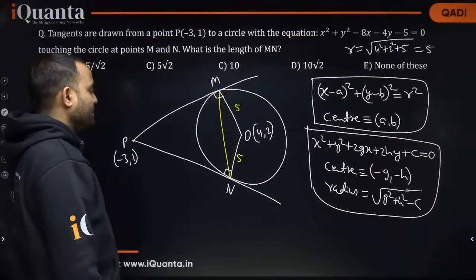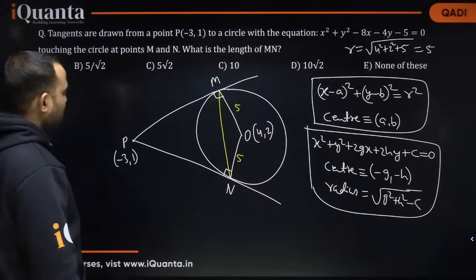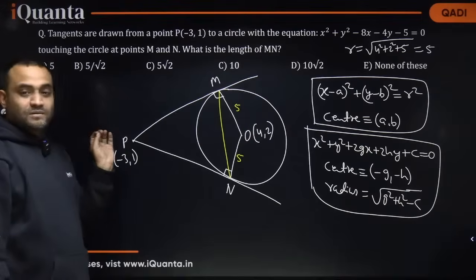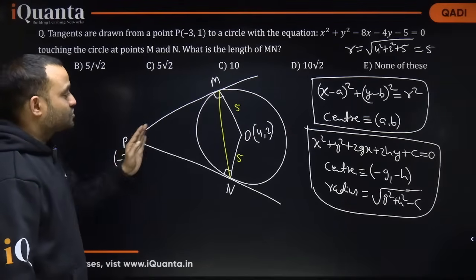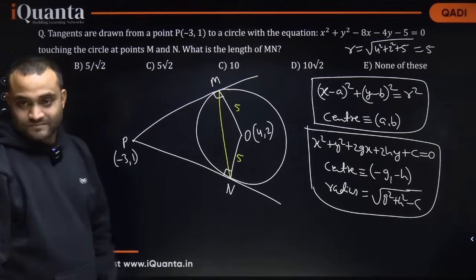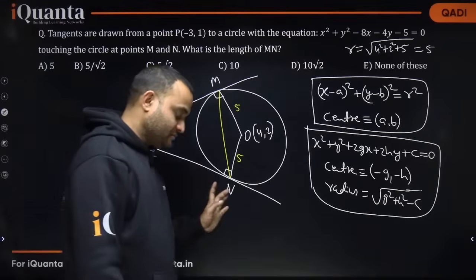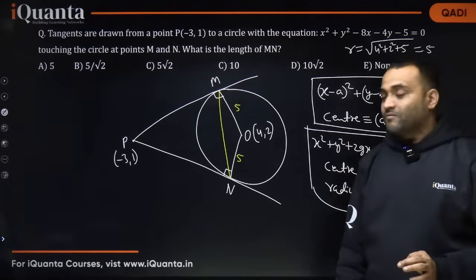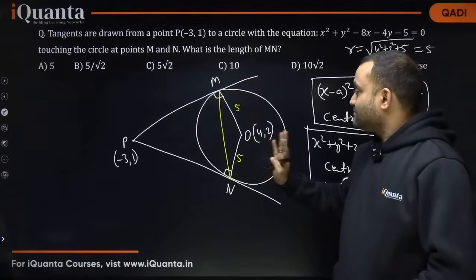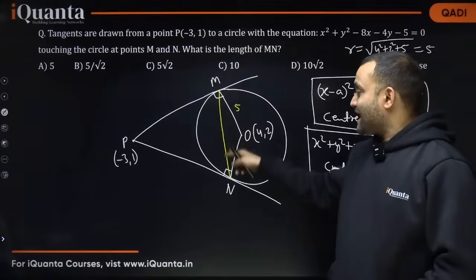See, from here, as these are perpendicular, what we can do here? How do we use this point? Think about this. How do you use this point to solve this distance? If you are stuck in between, think about it here. Tell me, what helps us finding MN? What is helping us finding this length MN?